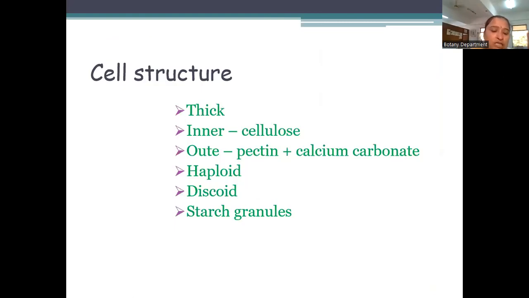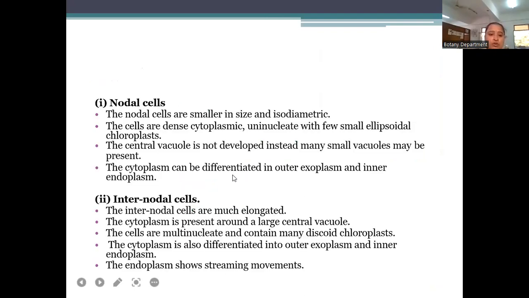Coming to the cell structure, very important. The nodal cell contains a single nucleus. The nodal cells, two cells you can observe. The total plant body, nodes and internodes, is a multicellular plant body. First, observe the nodal cell; the nodal cell contains a single nucleus, few discoid chloroplasts without pyrenoids, and dense cytoplasm.